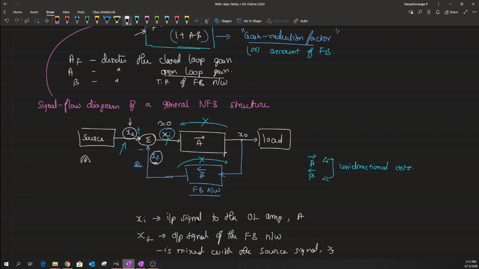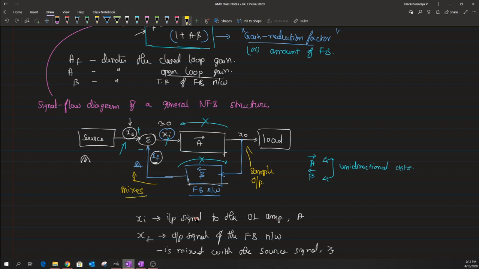Let me give a brief overview of what I'm talking about here. Basically there is a feedback network beta. This feedback network beta in general samples the output signal and mixes a fraction of this output to the input, so it mixes the feedback signal along with the input source.